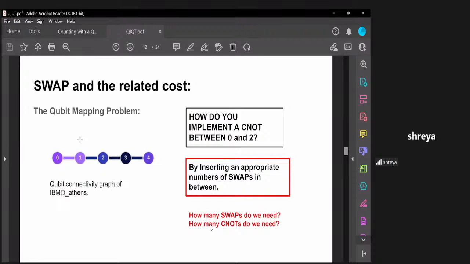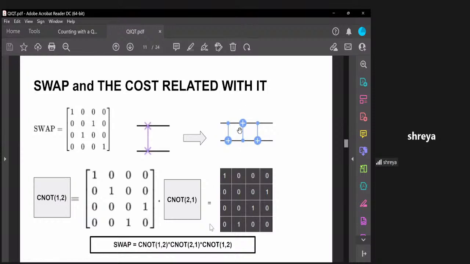So the number of swaps needed to implement a CNOT between 0 and 2 is 1. And in order to do a swap, you need to do 3 CNOTs. Like I said, there are some devices which have like 30% error in one CNOT case.